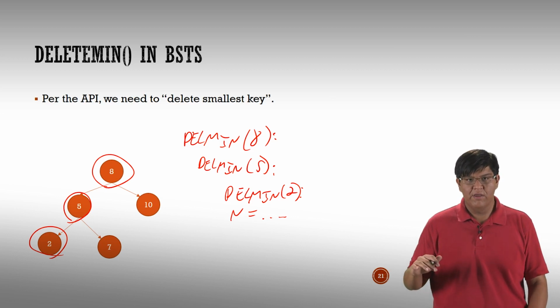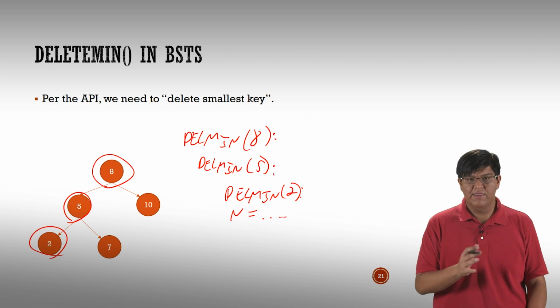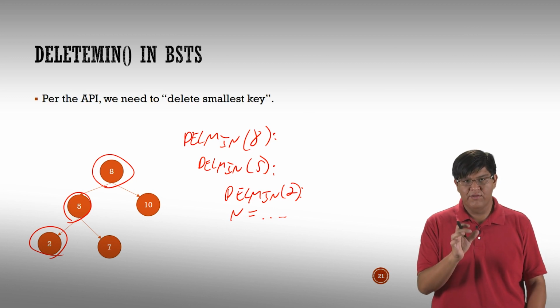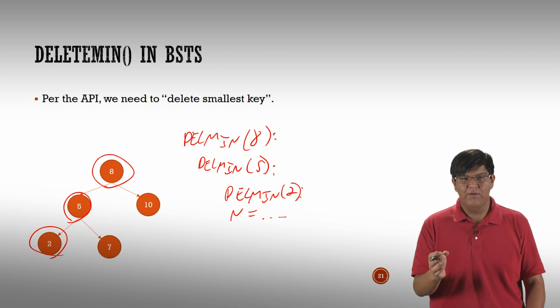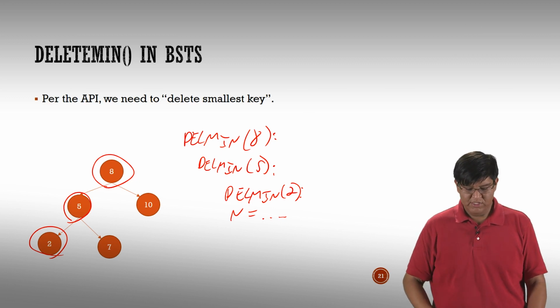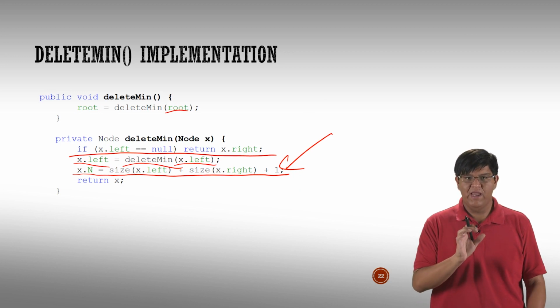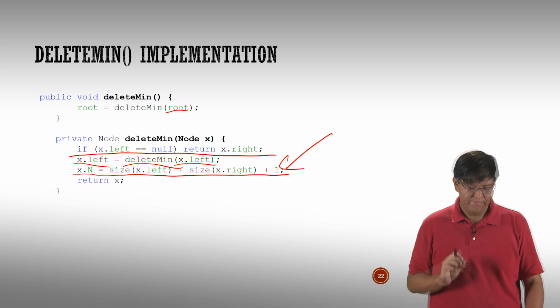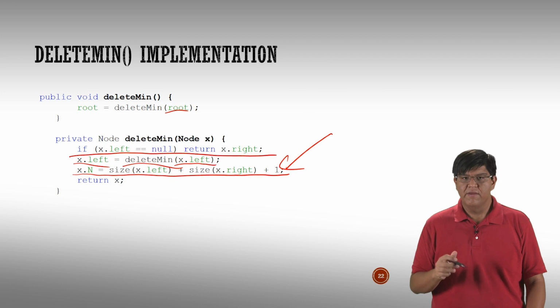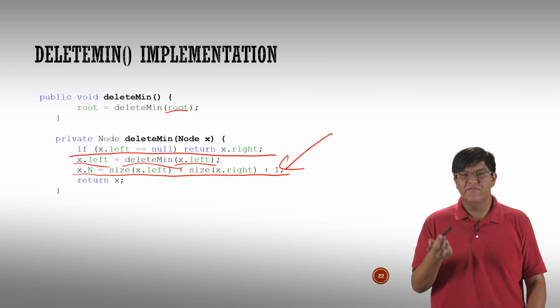You're updating everything that you visited to get there, because those are all the nodes that have the deleted node as an ancestor, so you have to update that n variable with a new size. Just keep that in mind in terms of recursion: you're updating everything that you visited on the way there. All right, so that does it for delete min. It's very similar to min, and very easy. You find the left-hand side, and once you find the leftmost element, you just replace it by whatever its right-hand child is. So that's delete min.